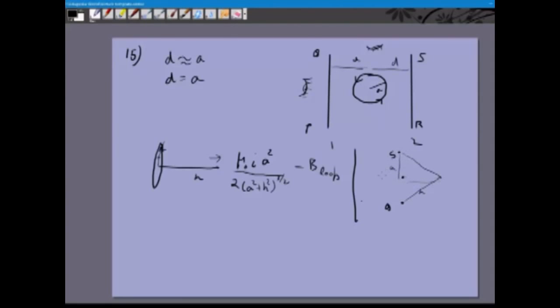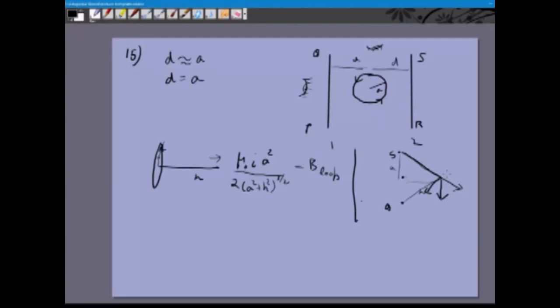We need the magnetic field here. If both of them have a magnetic field in the same direction, let's say going into the plane, then the magnetic field due to S will be like this, perpendicular to the line, and due to Q, if it's also going into the plane, will be like this. Now the sum of them will be like this.